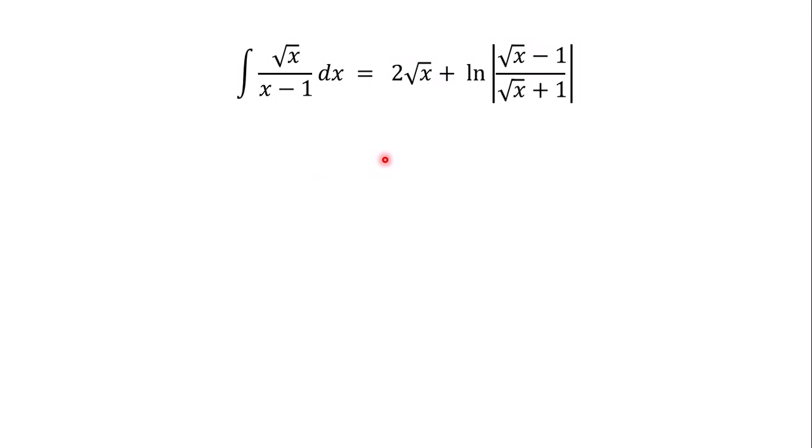Okay, so after replacing the u with square root of x, we're having 2 square root of x plus ln absolute value square root of x minus 1 divided by square root of x plus 1. So this is the answer to this integral, but not yet the answer, because we are not done.